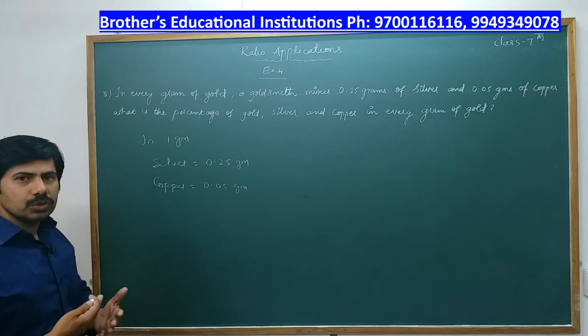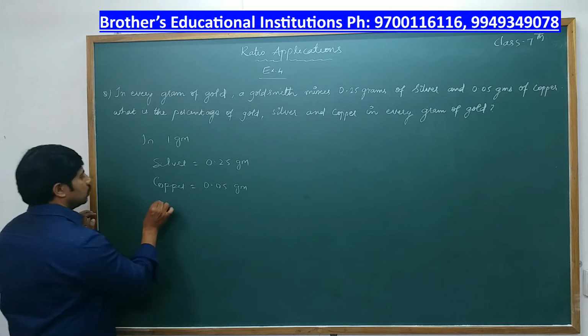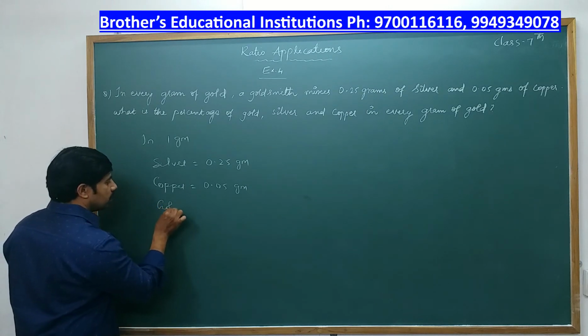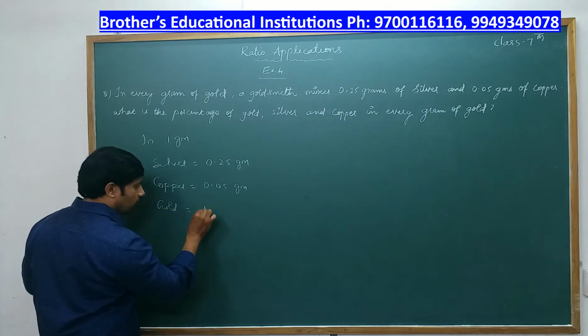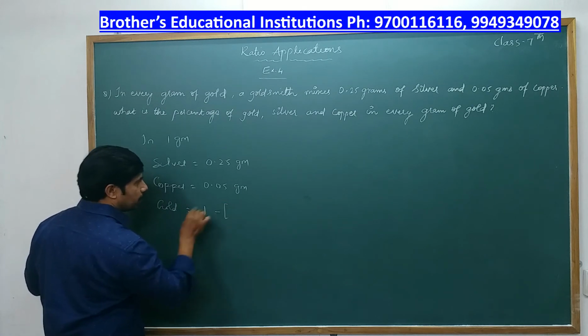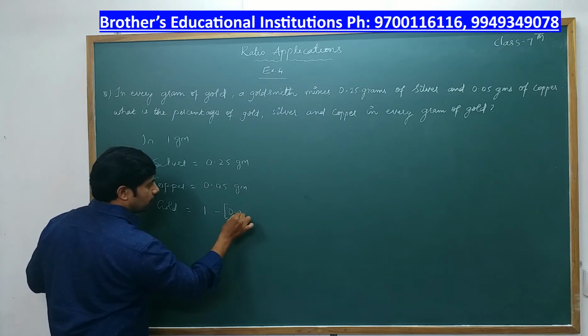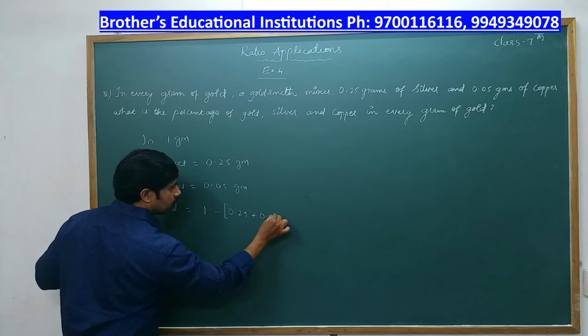Now in 1 gram of gold, these two are combined. So how many grams of gold have they mixed? From 1 gram we need to subtract 0.25 plus 0.05.